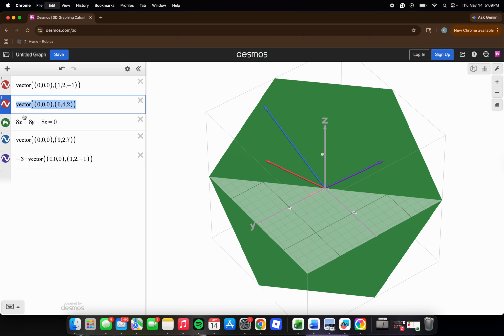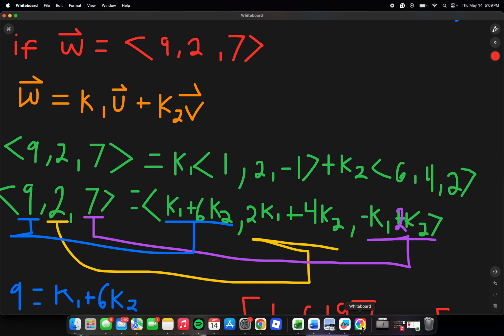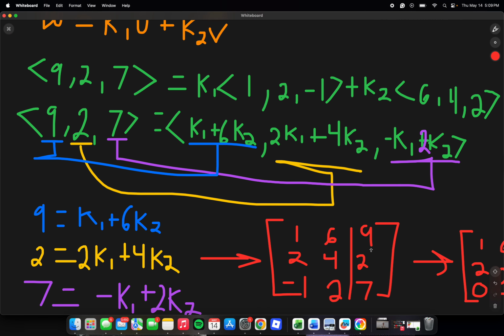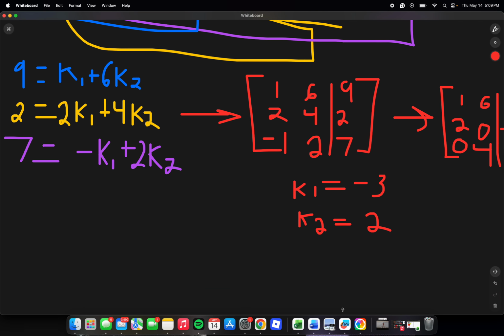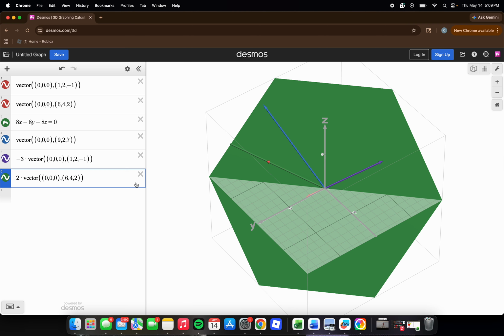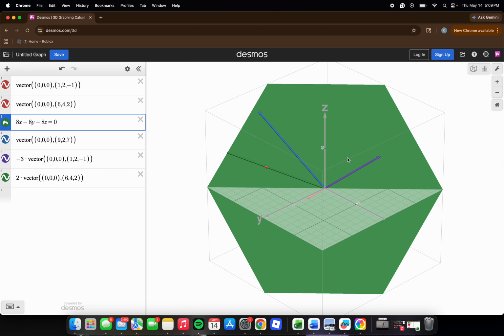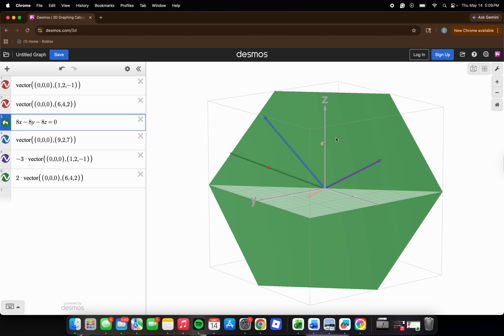And then for vector v, remember we said that I believe it's just 2 times. I'm going to double check myself here. Yeah, so it's 2 times, sorry. So you can see the two shoot out in different ways, and let me make them both purple.